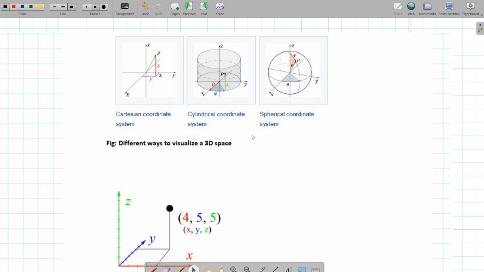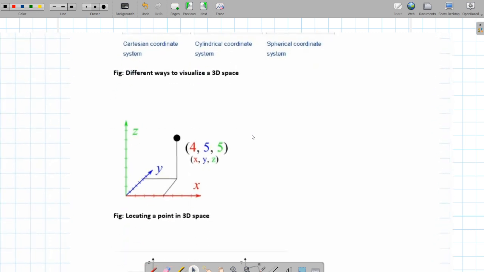Next, have a look into this diagram. Locating a point in 3D space. A point in three-dimensional space can be represented using three tuples or three coordinates: x coordinate, y coordinate and z coordinate.